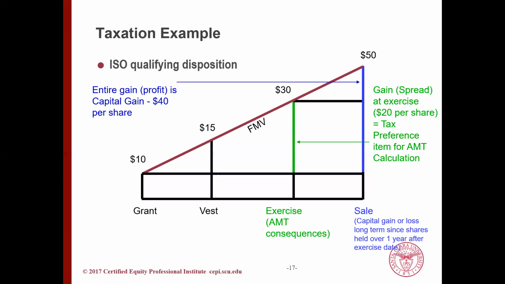This table assumes that the sale then takes place after the holding periods are met. If the sale is at $50, then the entire $40 spread, $50 less the grant price of $10, is long-term capital gain. The AMT, which has already been paid, however, has to be reclaimed with credits in future tax years, but that's beyond the scope of this discussion.